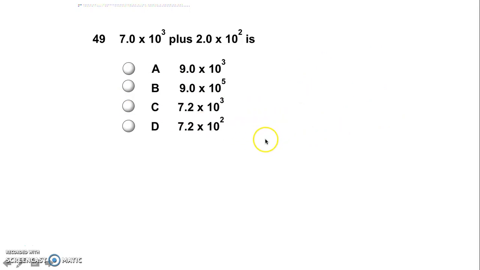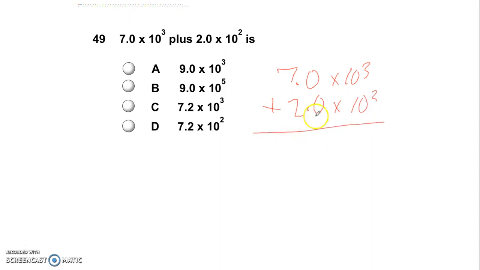Okay, let's do another example. So pause it and try it. So we have 7.0 times 10 to the third plus 2.0 times 10 to the second. Okay, so since they're different, we need to make a change, and since 10 to the second is the smaller exponent, we're going to move this one.